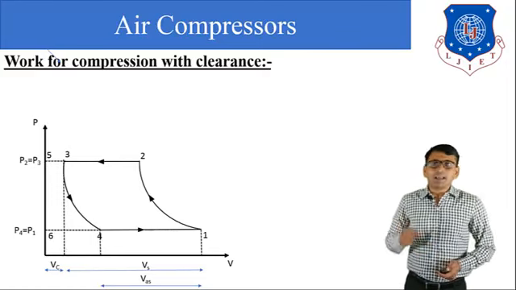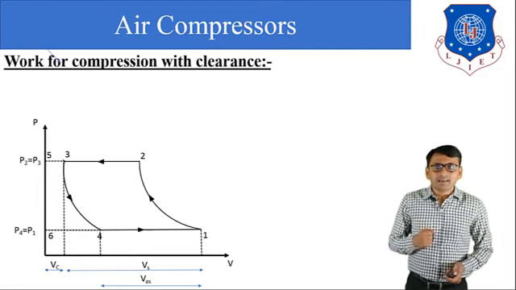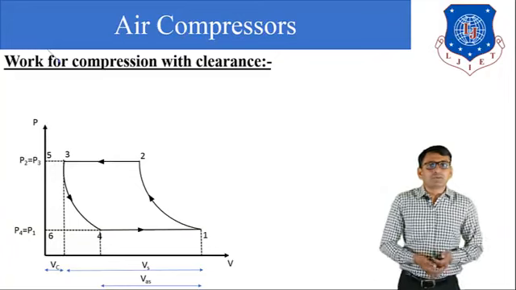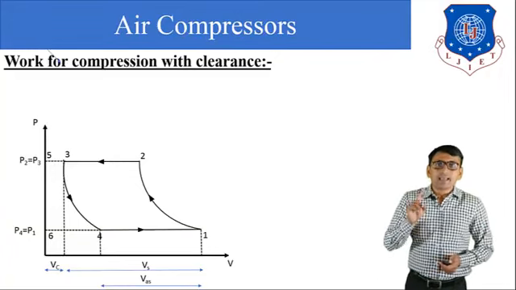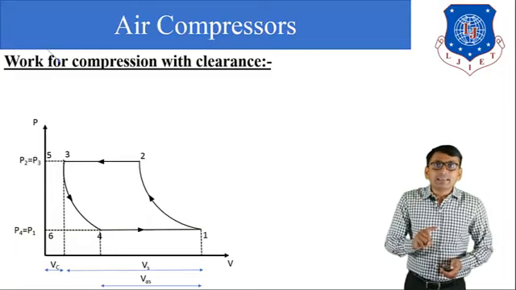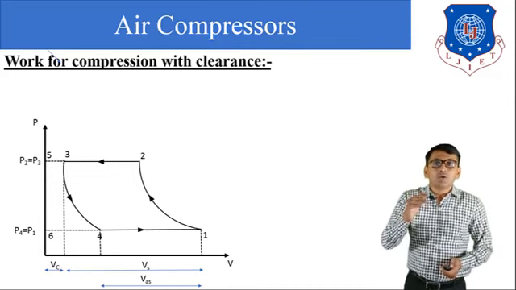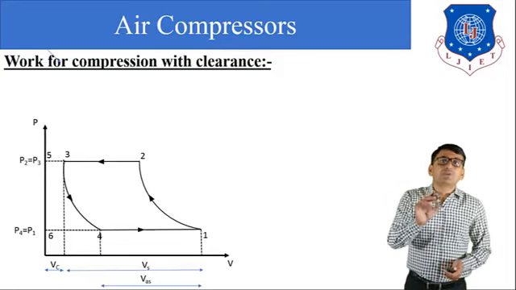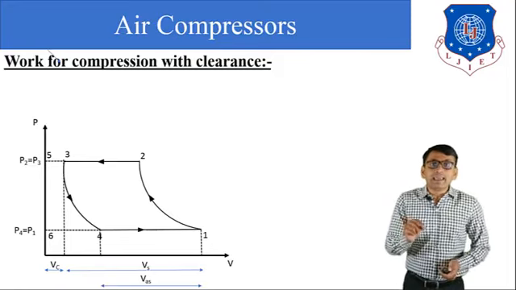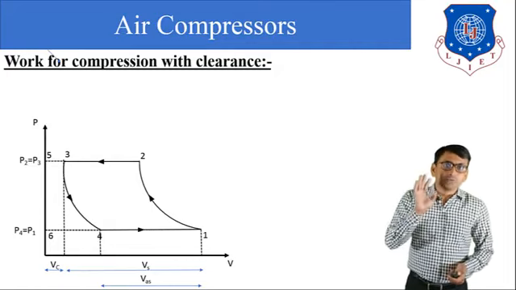Now this is the PV diagram of work for compression with clearance. In this diagram there are four processes: 1-2, 2-3, 3-4 and 4-1. VC is the clearance volume, VS is the stroke volume or swept volume, and VAS is the effective swept volume.